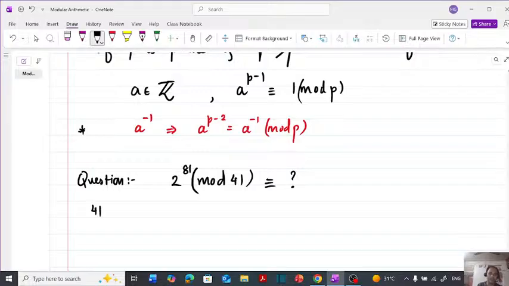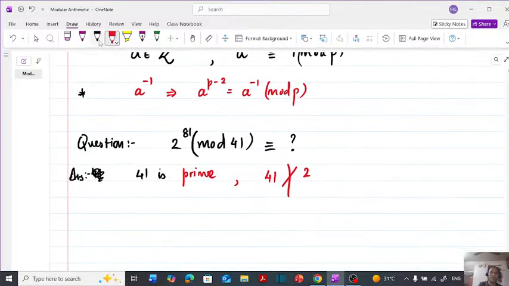We know that 41 is prime, and 41 obviously does not divide 2. So we are in a position to apply Fermat's little theorem, right?